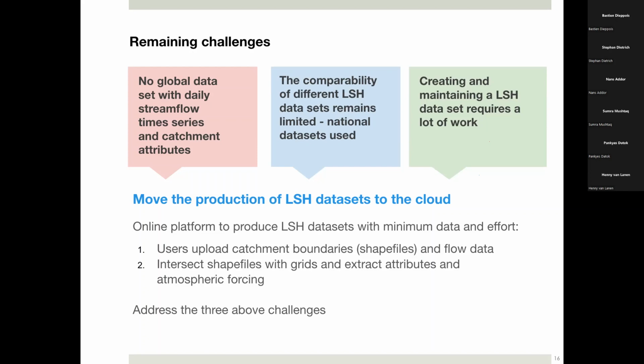It would mean that the comparability of the different data sets is much increased because all the attributes will be derived from the same data sets. I mean, we might have different independent national data sets, but they would all rely on the same global data set for the attributes and time series. So it will increase the comparability.